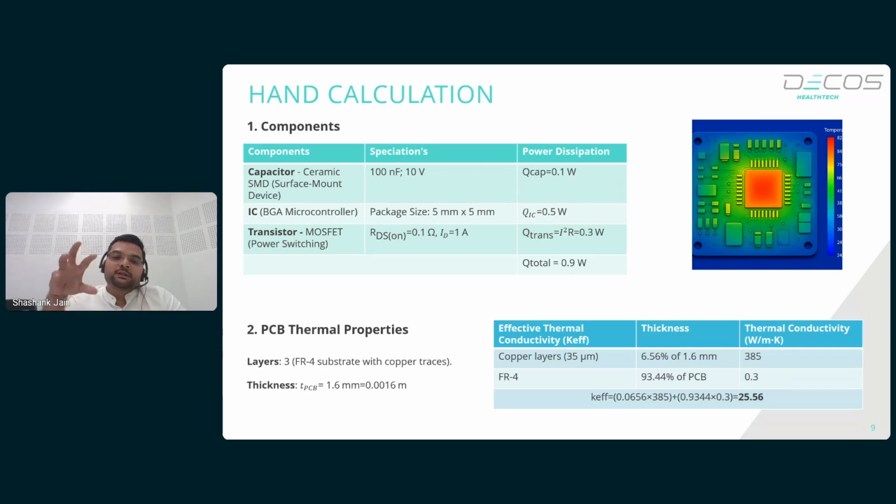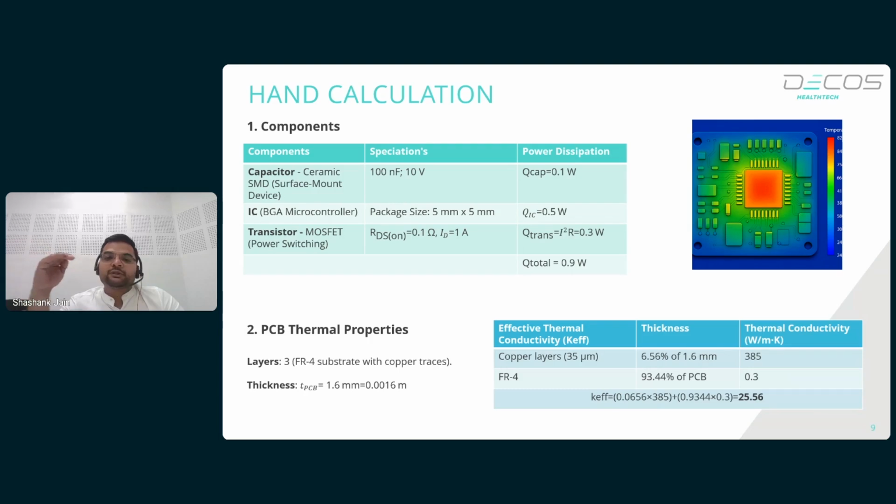So how much is 105 microns of this 1.6 mm? In terms of percentage, it comes out to be 6.56%. Right. Based on this, the thermal conductivity of copper, we know raw copper is around 385 to 400 watts per meter Kelvin. So based on this, we calculate the value of K effective, the percentage of material constituent multiplied by the original thermal conductivity.